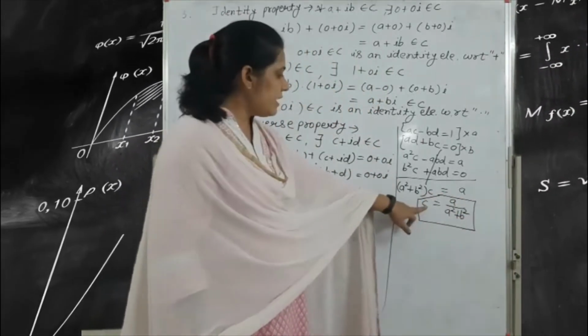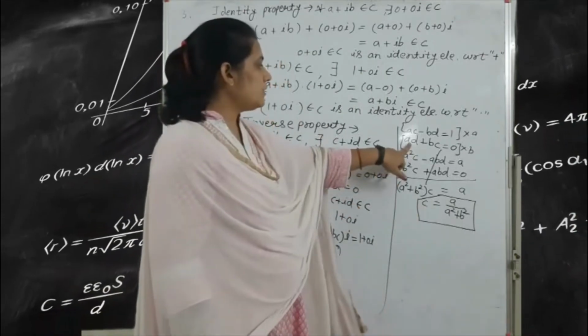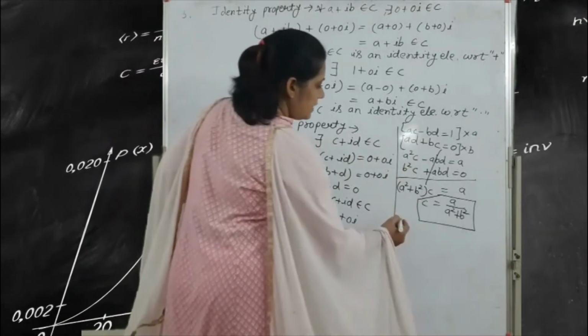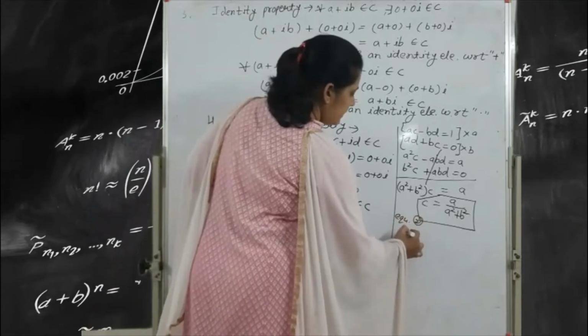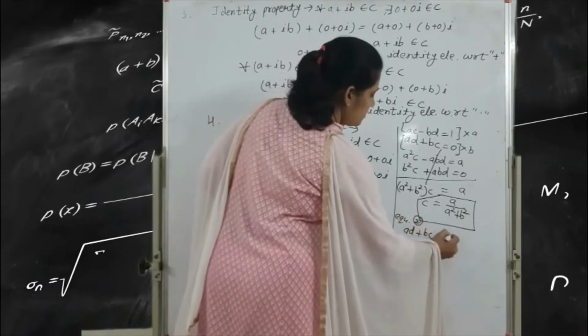Okay, so this value of C you put into equation number 2. Equation number 2 is AD plus BC is equal to 0.